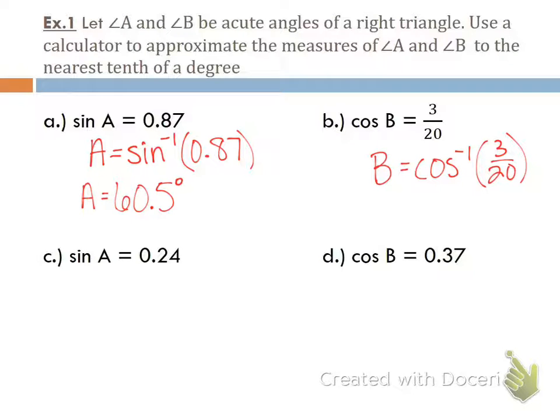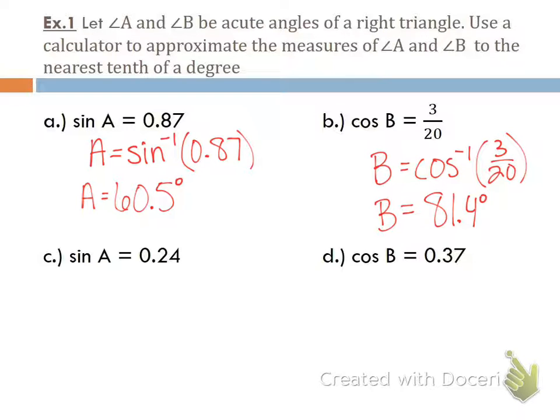You'll probably need to take 3 divided by 20, then press second cosine. But for the most part, it should be able to get typed straight into most calculators. What do we get rounded to the nearest tenth? 81.4 degrees. Anybody have questions, concerns about how we got that?